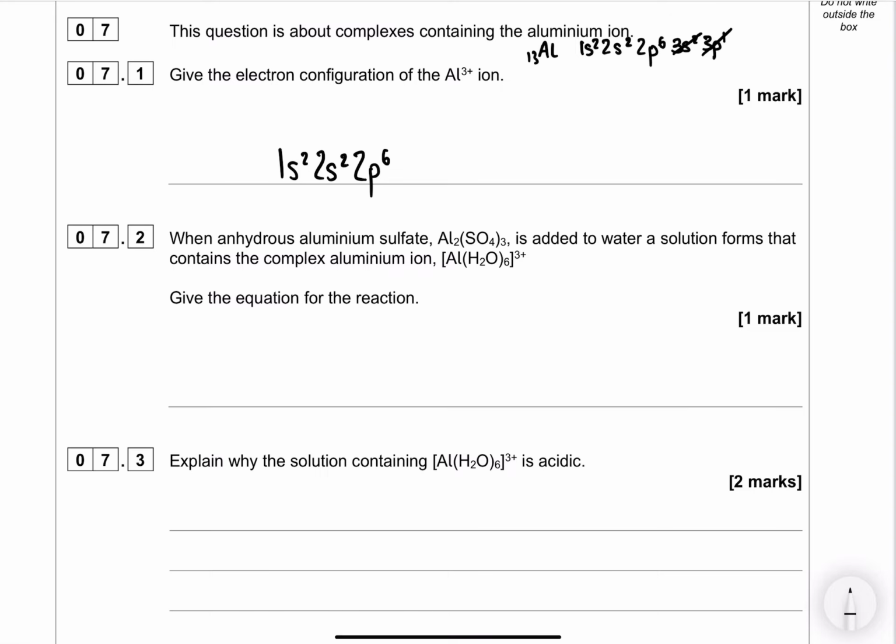When anhydrous aluminium sulfate is added to water, a solution forms that contains the complex ion, the hexaaquaaluminium 3+ ion. Give an equation for this reaction. So we've taken our aluminium sulfate and we're adding water. We'll need 6 waters to provide those 6 ligands. But we've actually got 2 aluminiums, so we're going to need 12 waters, aren't we? Because we've got to make 2 of these.